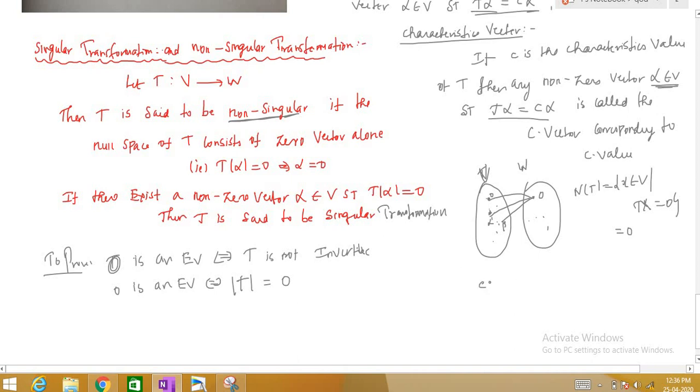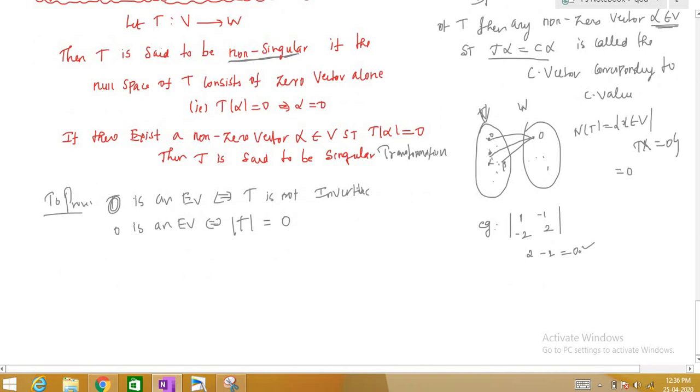For example, let us consider the matrix with rows 1, 2 and -1, -2. What will be the determinant of this matrix? It is 2 minus 2, which is equal to 0, right? So the determinant is 0 here. So with our eyes closed, we can say that among these two eigenvalues, one must be 0.